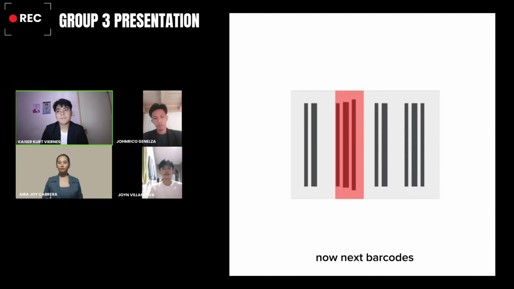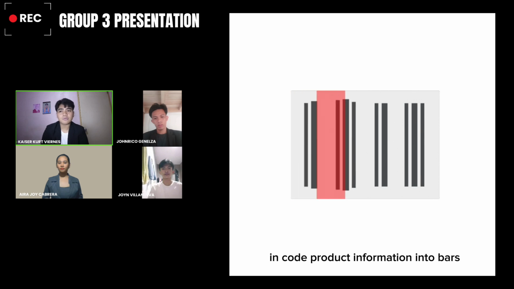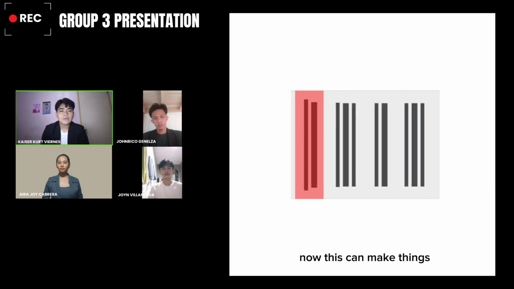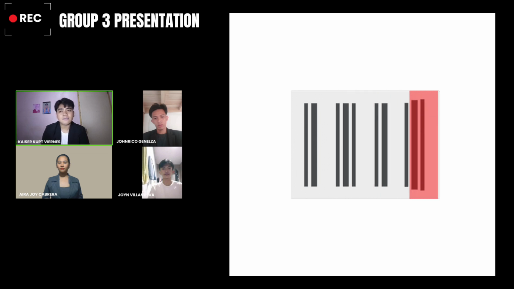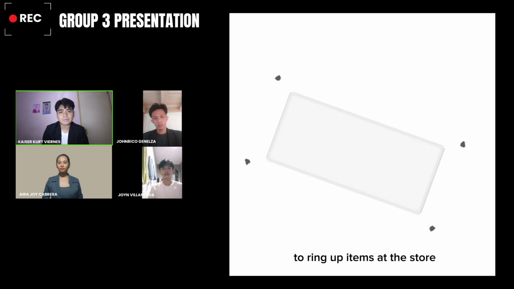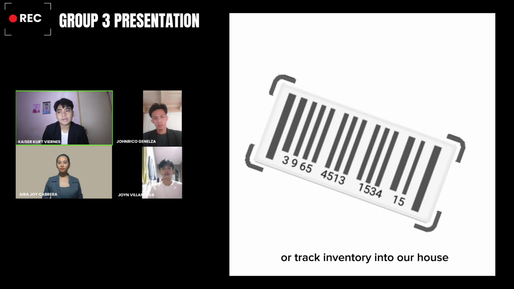Now, next, barcodes encode product information into bars and alphanumeric characters. Now, this can make things much faster and easier to ring up items at a store or track inventory in a warehouse.